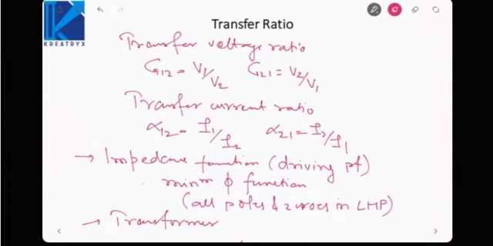So we cannot define the Z and the Y parameters. There is no direct relationship between V1 and I2 or V2 and I2, that is, the voltages cannot be expressed as functions of I1 and I2. That is why usually the transformer is modeled in terms of transmission parameters instead of Z and Y parameters.